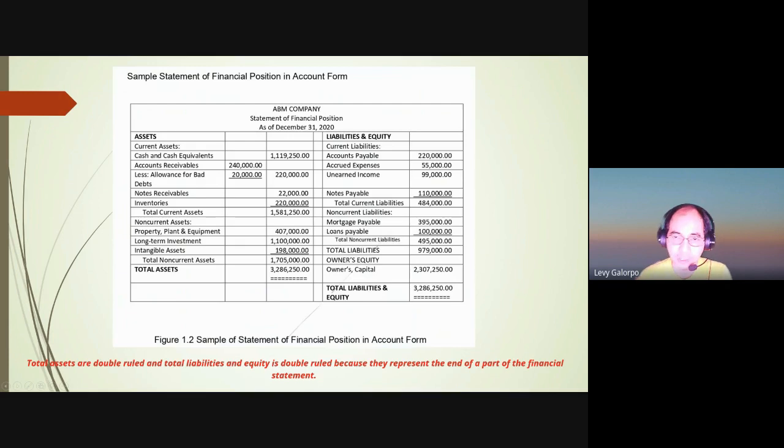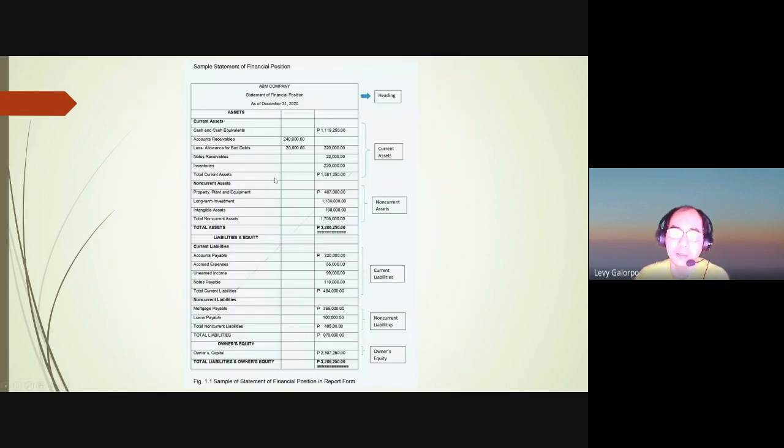Pareho ba tayo ng iniisip, class? Nakita nyo ba ang pagkakaiba ng account form sa report form ng balance sheet? Tama kayo, guys, no? Okay, sa report form, nakita nyo ang assets nasa taas and then sinundan ng liabilities and equity. Diba? Liability and then equity.